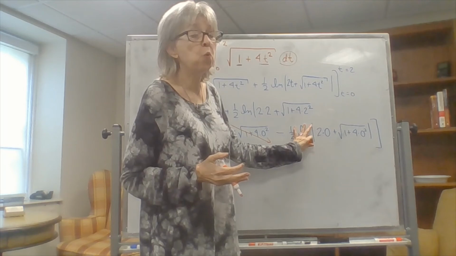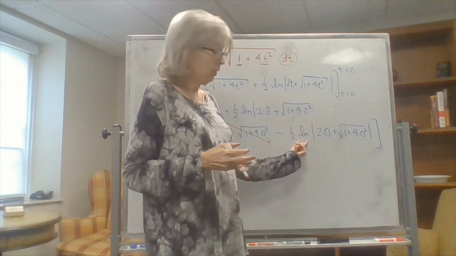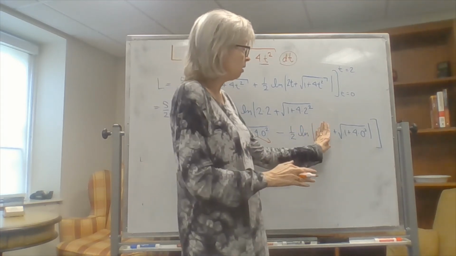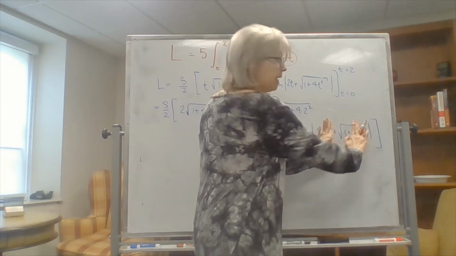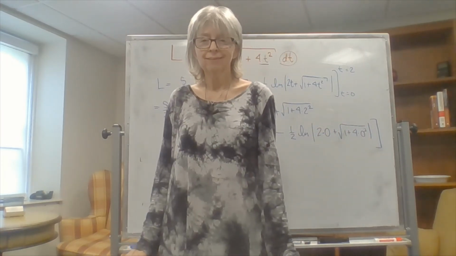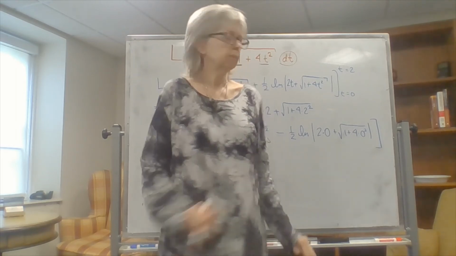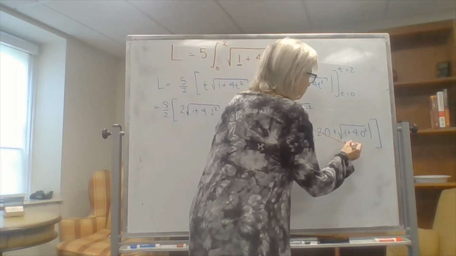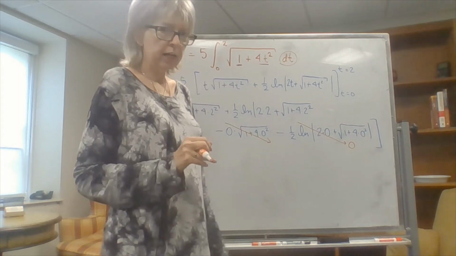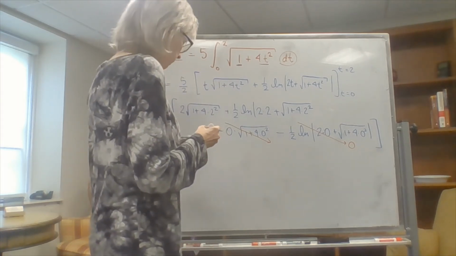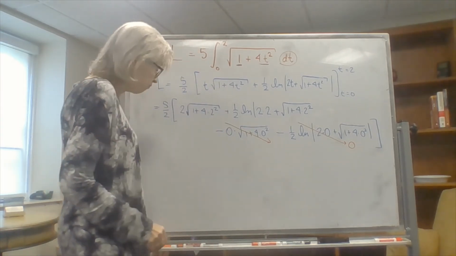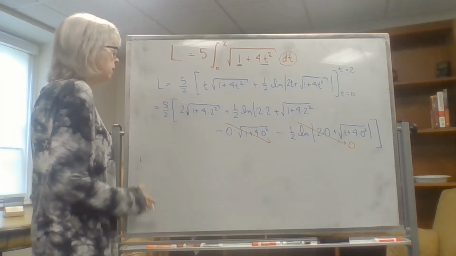And the square root of 1 is 1. So really inside this natural log, all I have is a natural log of 1, which is, what's the natural log of 1? It's 0. So I don't have much to clean up now.